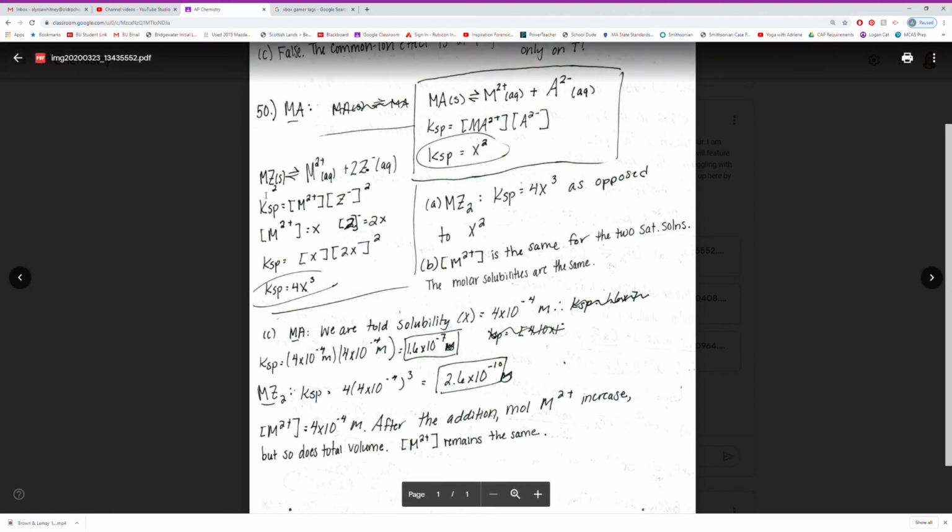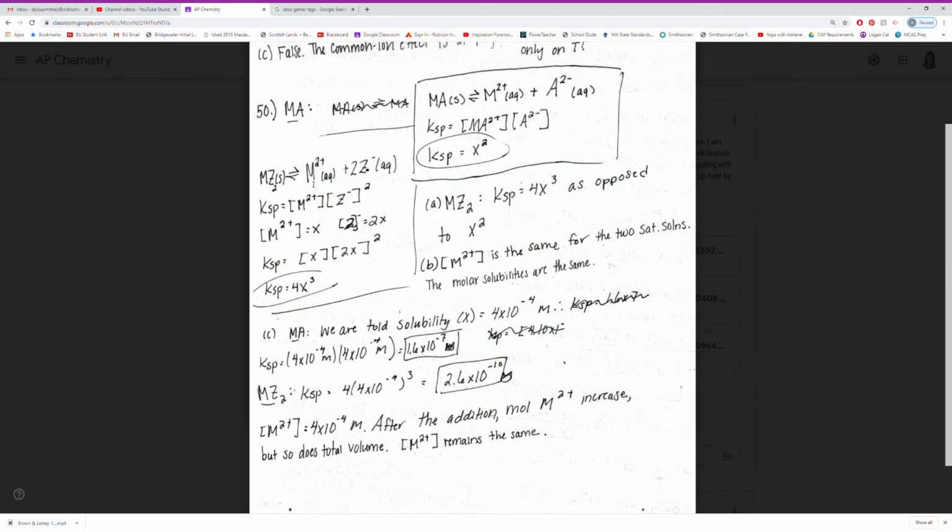Come over here to MZ2, dissociating into M2+ and 2Z-. In this case, the Ksp is M2+ times Z- squared, because remember, we need to take this coefficient and make it an exponent. I'm going to say that M2+ is x, and Z- is 2x because of this 2 coefficient over here.